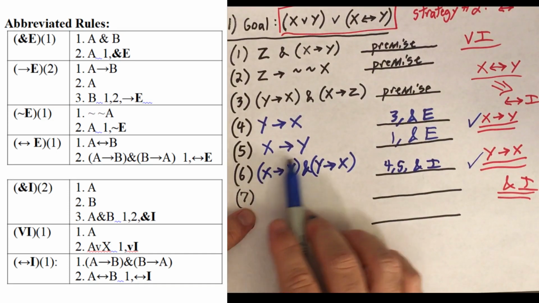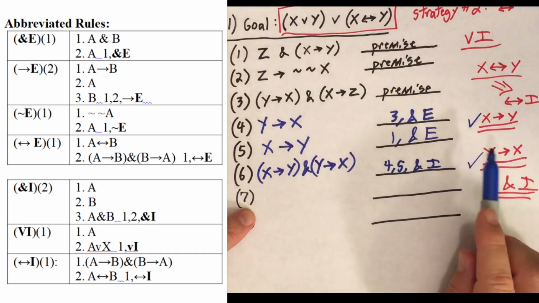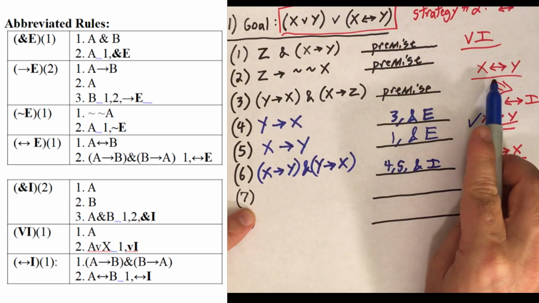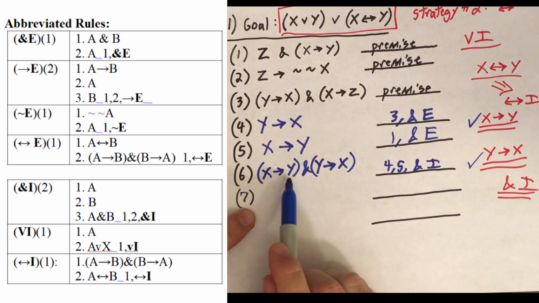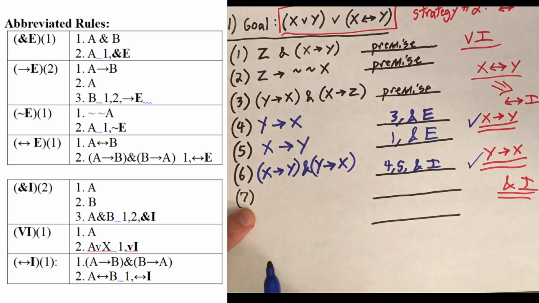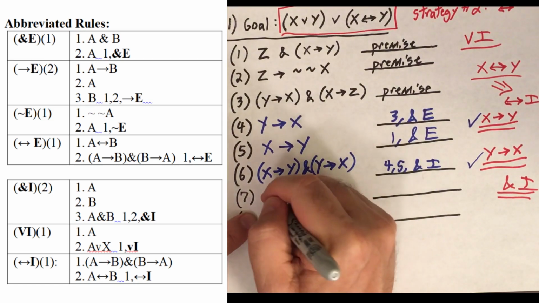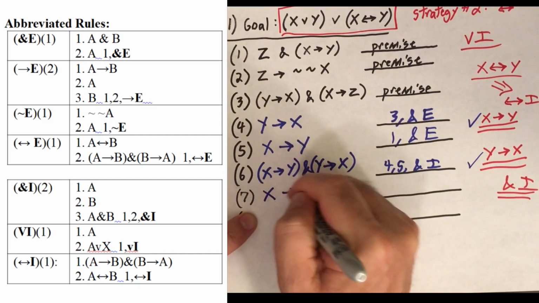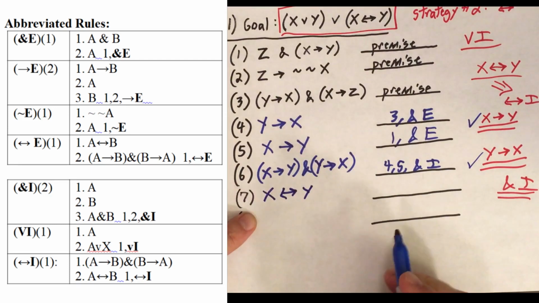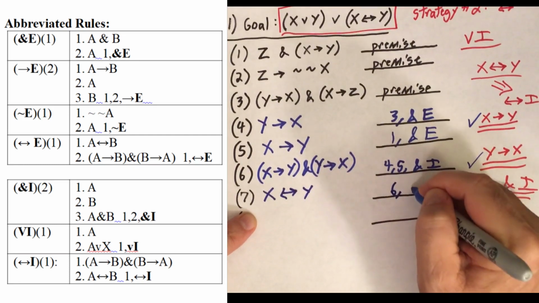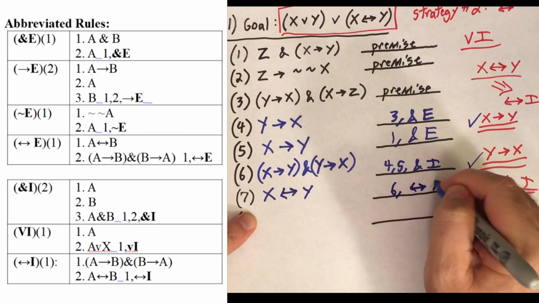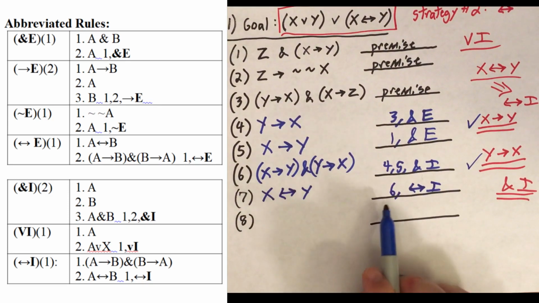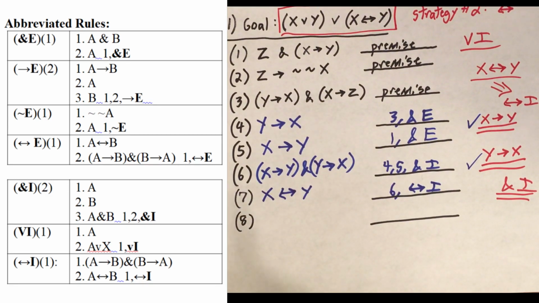So I have all the components I need to create what? A biconditional. Look at it. These are two mirror image conditionals connected by an AND. That is how you create the biconditional. That is simply line 6, a biconditional introduction. Look up the rule, requires just one line of justification.